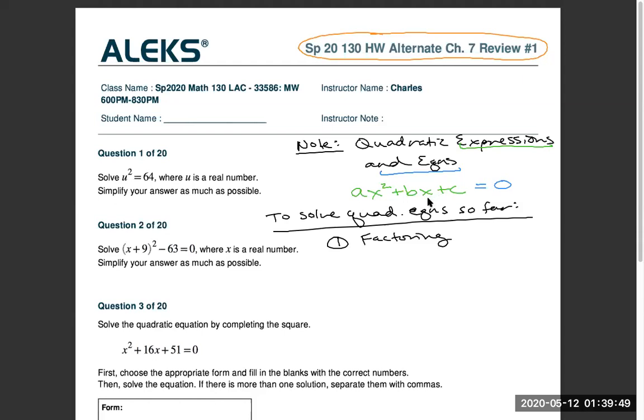We'll find that not all quadratics are factorable. We've also looked at the square root property, which is similar to question 1 up top.